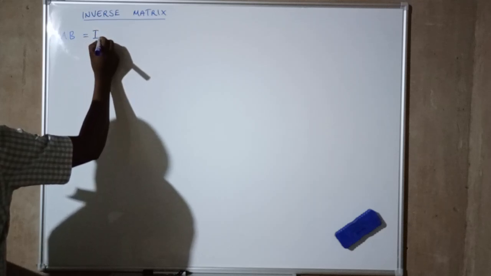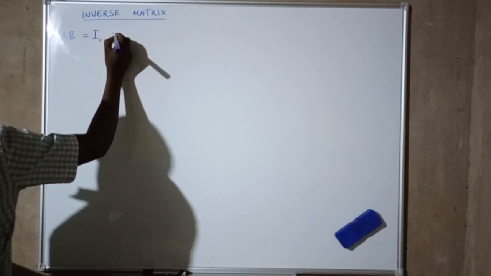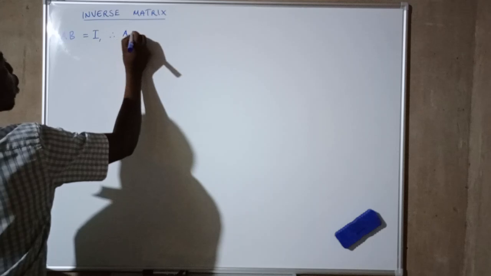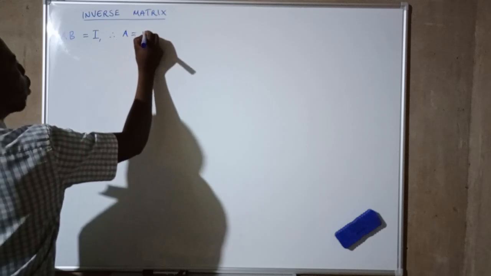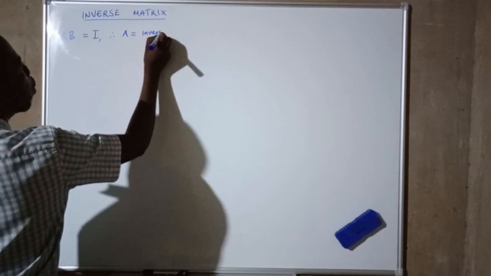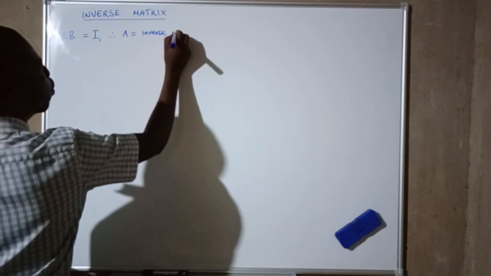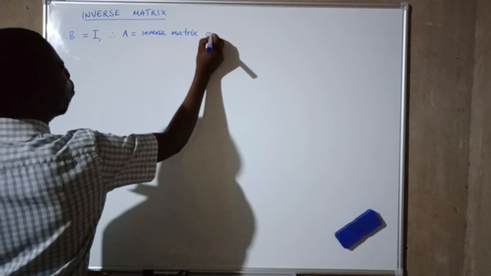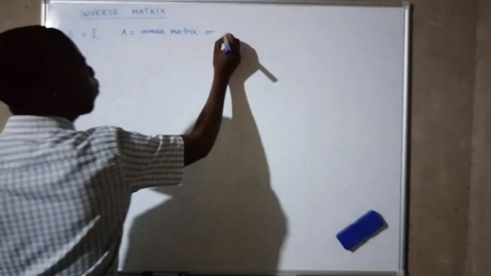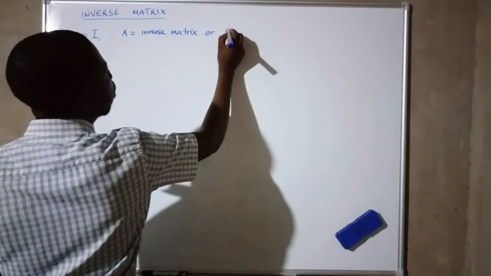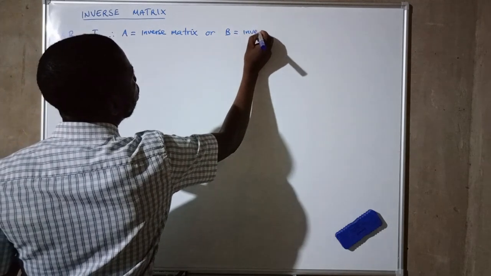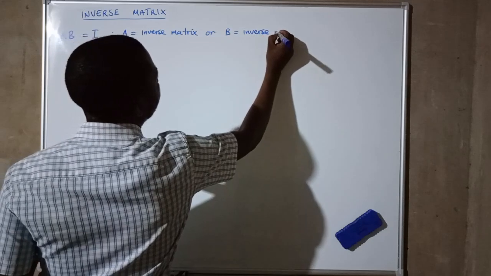Then we'll conclude that either matrix A is actually the one which is an inverse matrix, or it is maybe matrix B which is the inverse matrix.